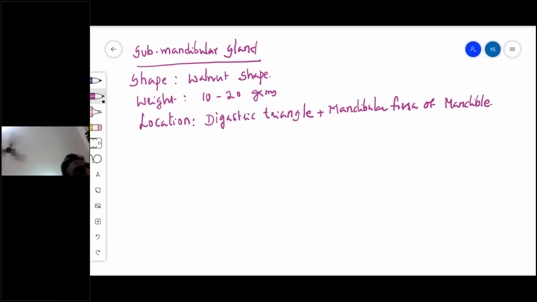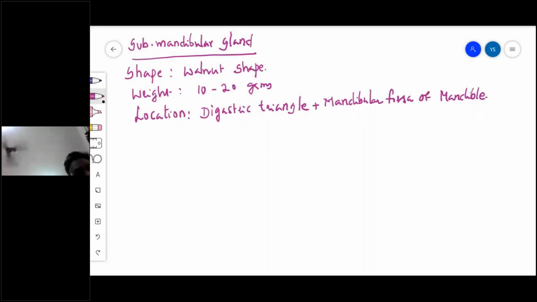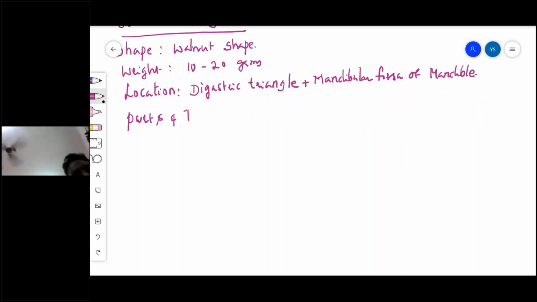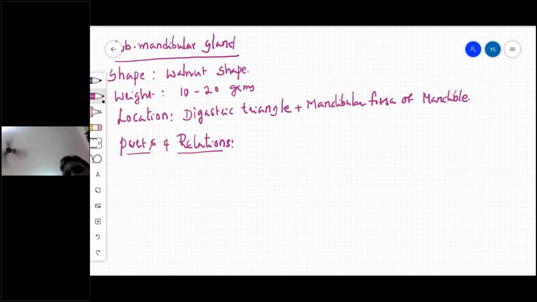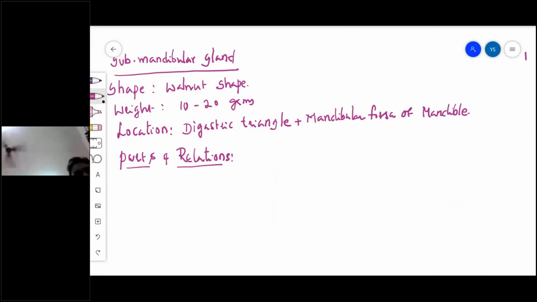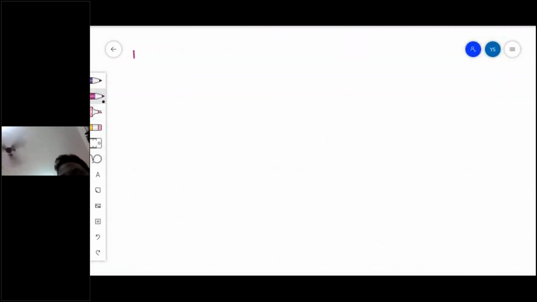This is the location. Now we come to the parts and the relations. Before the parts and relations, I would like to show you a picture of the submandibular gland.